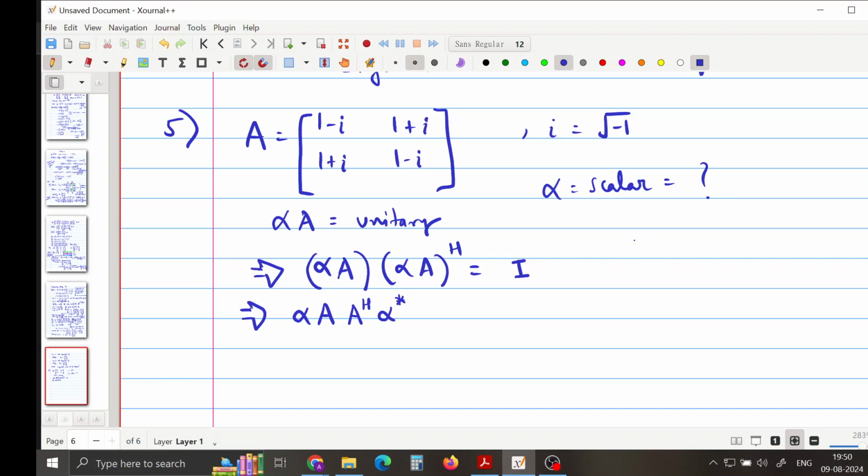Hermitian, denoted by H, is the transpose of the complex conjugate. Since alpha is a scalar, not a vector, the transpose doesn't make sense, so it's just the complex conjugate, and star here denotes complex conjugate.